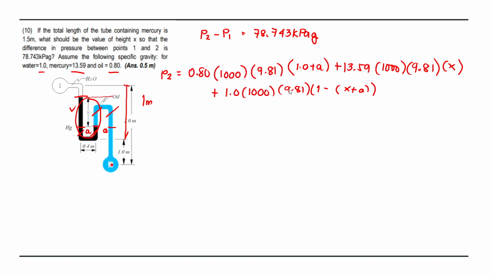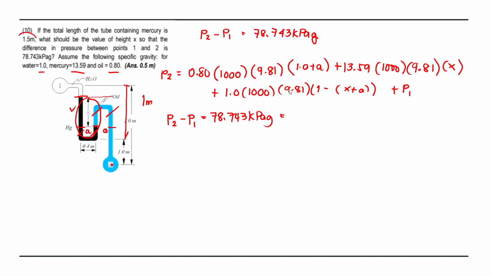Ayan. And then, may given tayo, P2 minus P1, equivalent sa 78.743 kilopascal gauge. Kung titingnan natin to, meron tayong dalawang variables. Gawin nating isa para mahanap lang natin ang unknown natin, which is x. So, isulat natin si A in terms of x. Paano naman natin kukunin yung relationship ng A tsaka x?